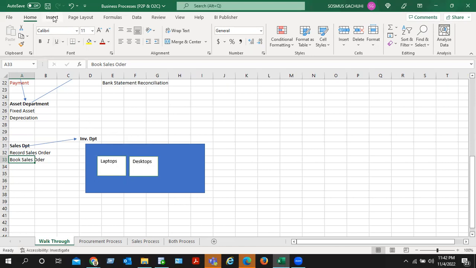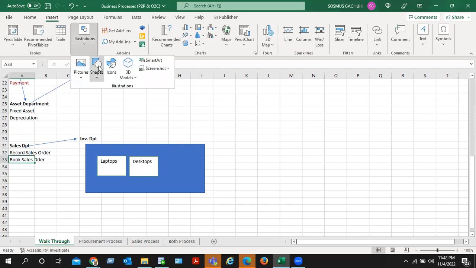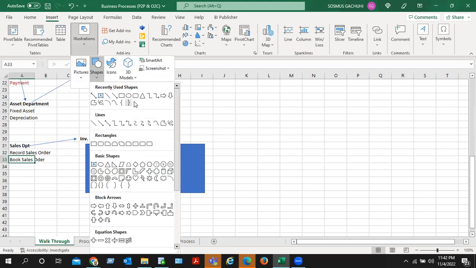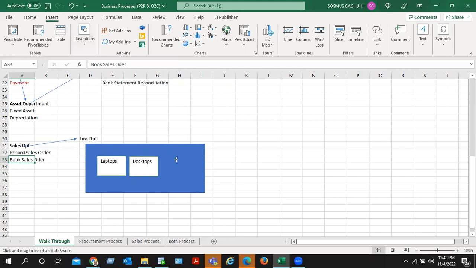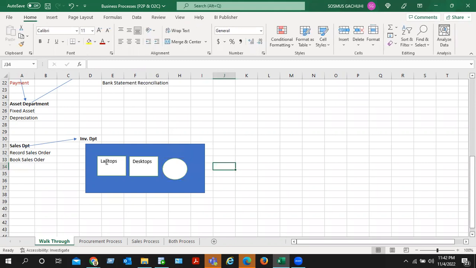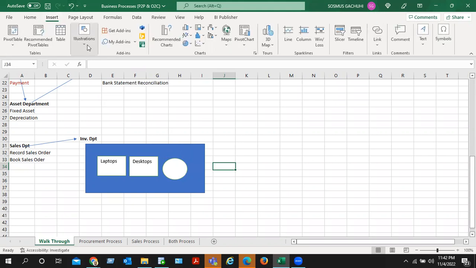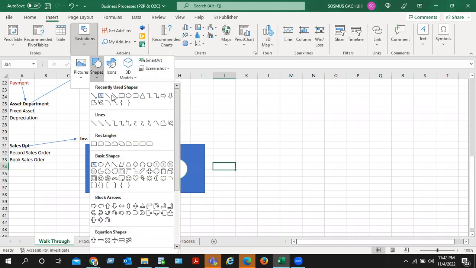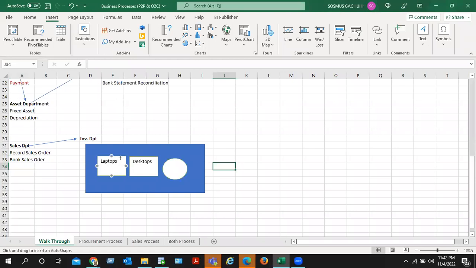The inventory department will come and pick the 20 laptops and the 20 desktops, and drop them to this area.